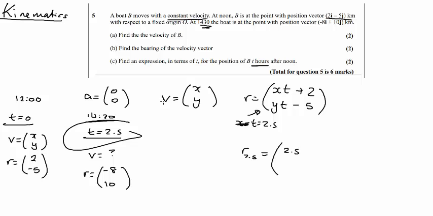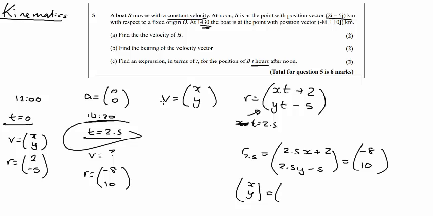So you get 2.5x plus 2.5y minus 5 is going to give us -8 and 10. So just get the calculator. Let's find out. So we know that x and y equals -10 over 4. That should be minus.